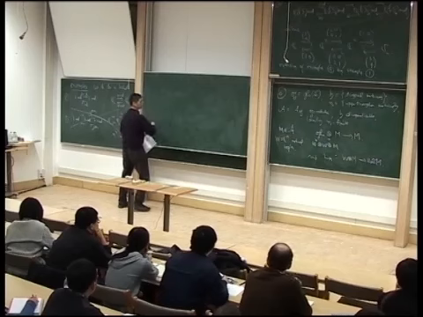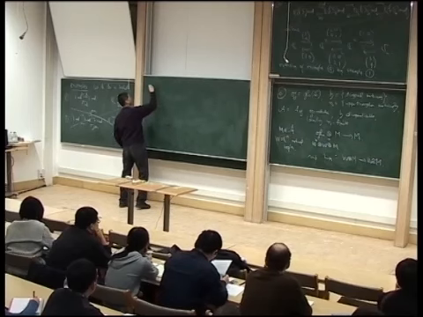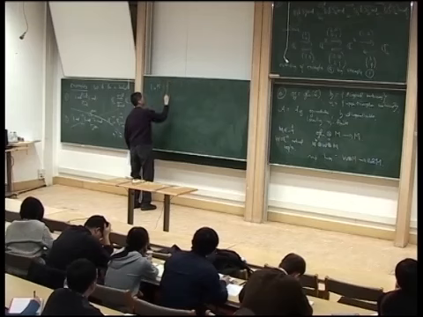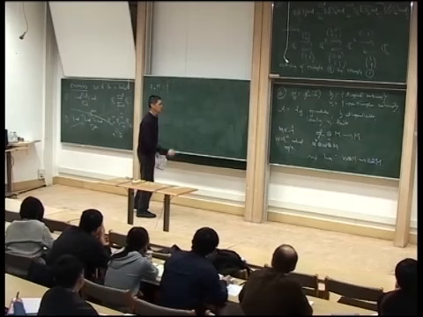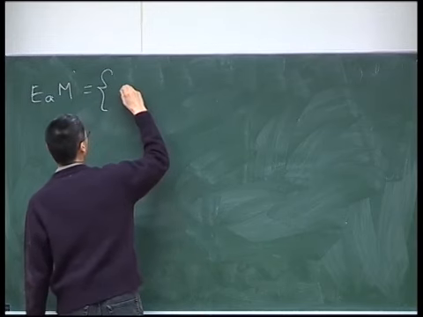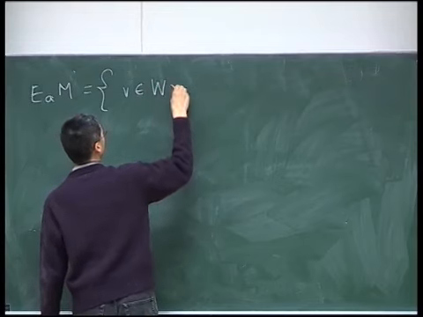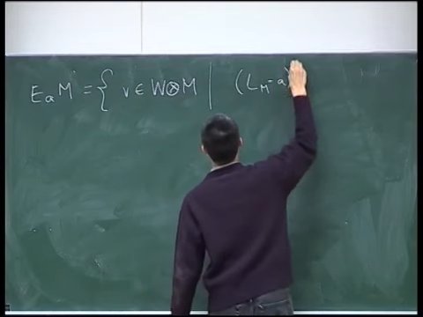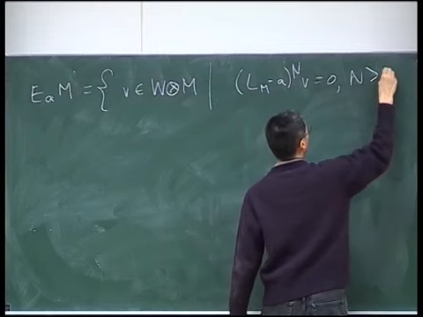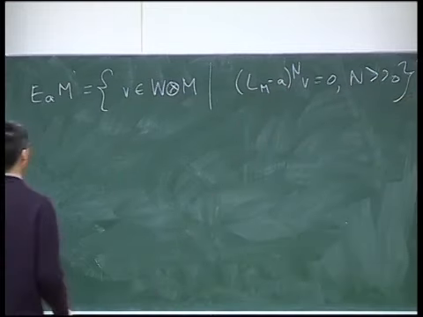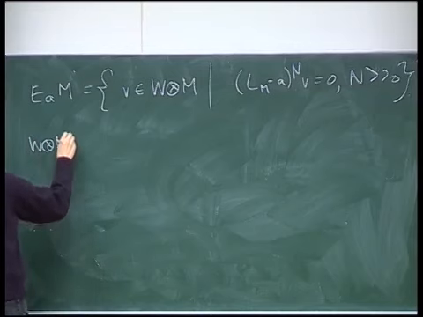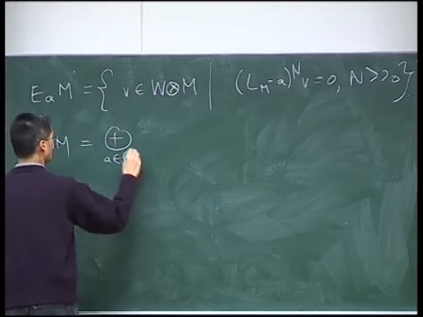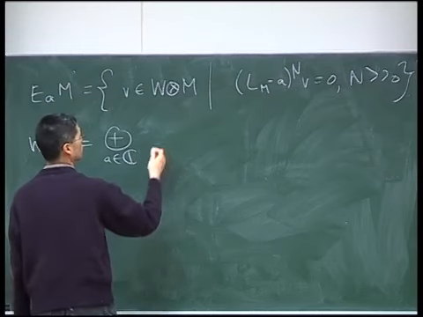So we define, say, E_a M to be the a-th generalized eigenspace for the action of L_M. Okay, and this decomposes W tensor M into a sum of generalized eigenspaces.